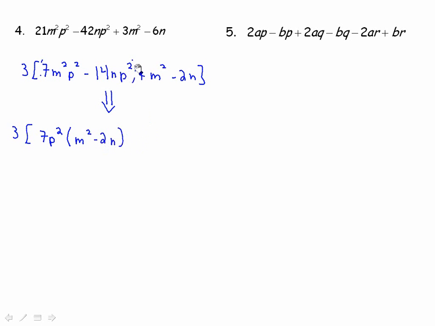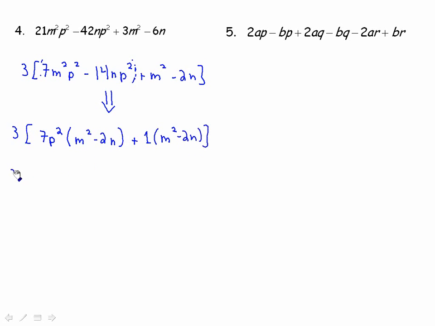And then the next one, interestingly, there is no common factor that can be removed from m² − 2n, but we still need to indicate that we are taking out a factor of 1. And that will leave us with simply m² − 2n, like that.